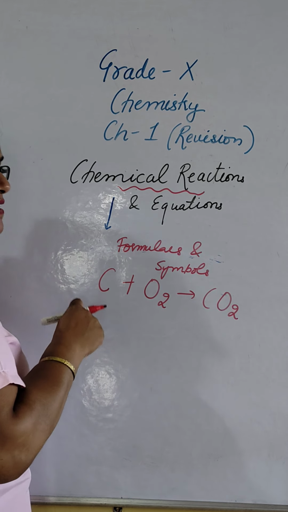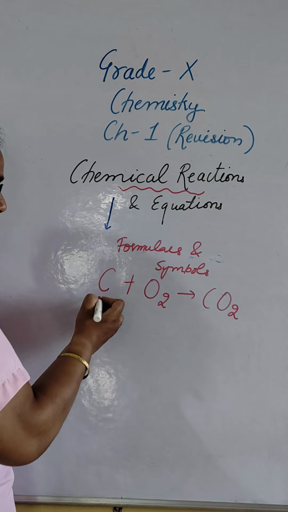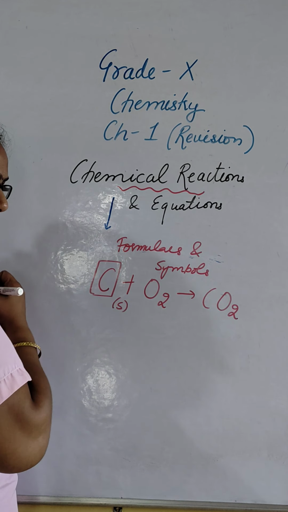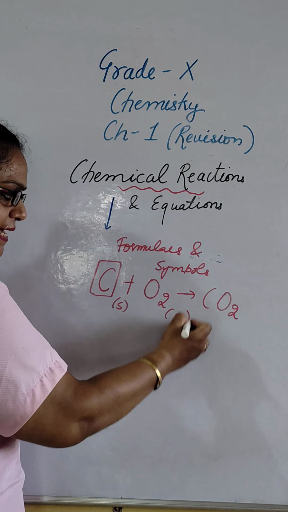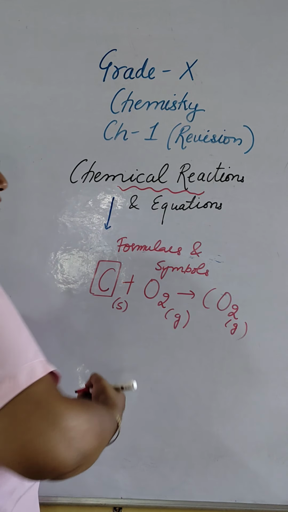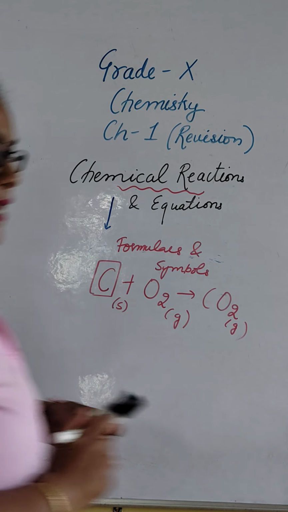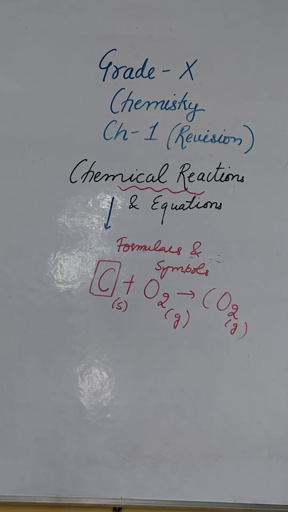Instead of writing the word carbon, we write its formula. What is its state? It's solid. It's gaseous. So this is your chemical equation. All chemical equations are chemical reactions. Fine? The shortcut representation.